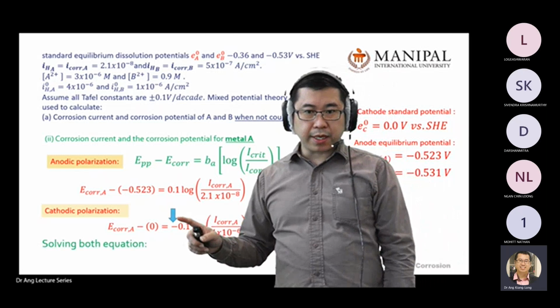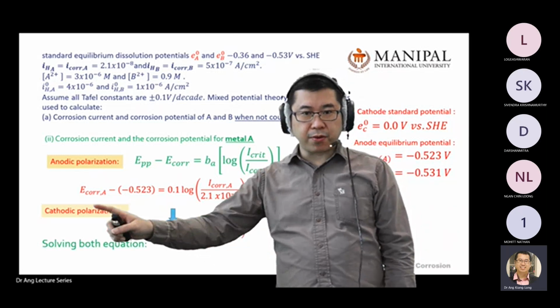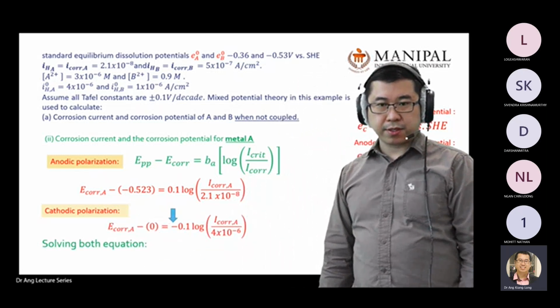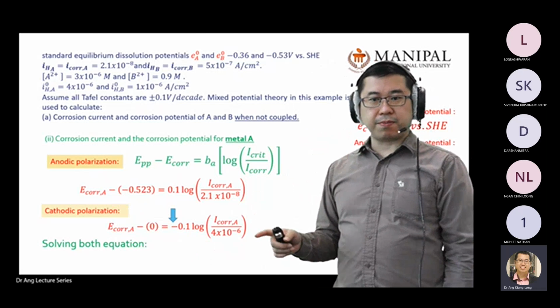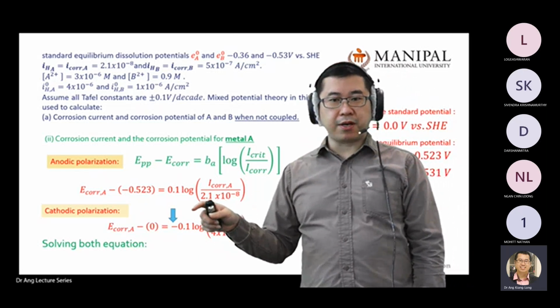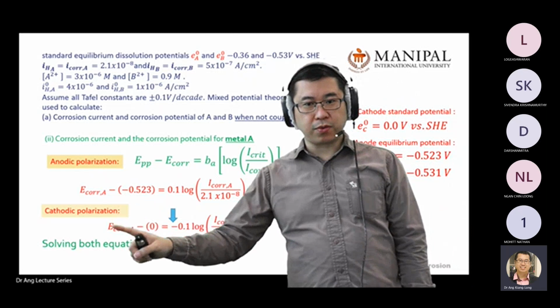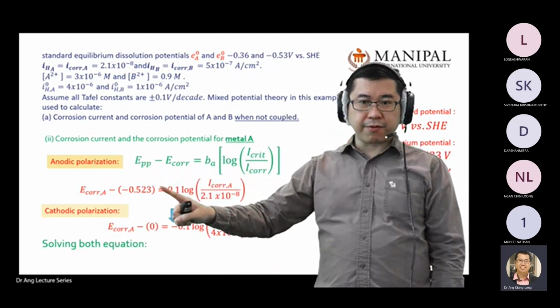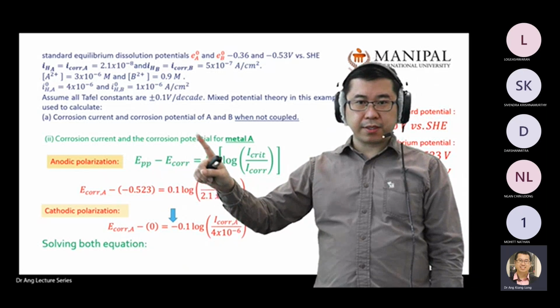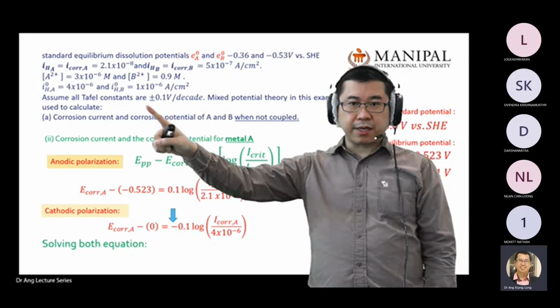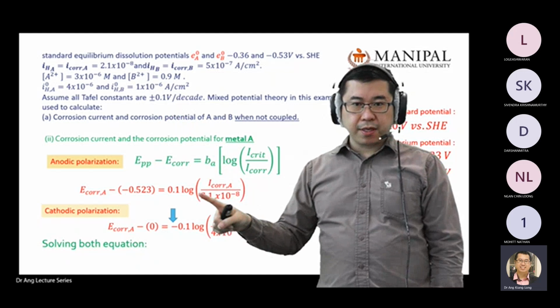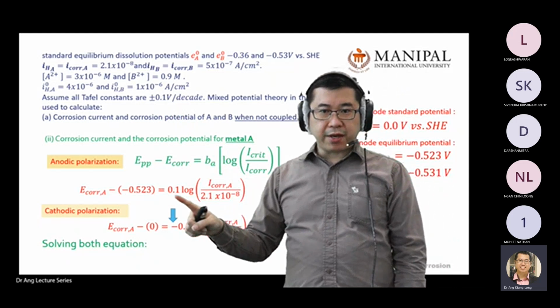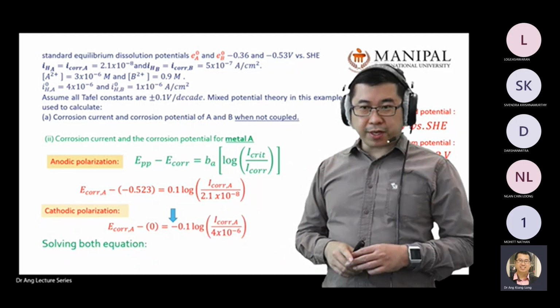Again, there's a negative sign for cathodic polarization. This is part of the special things when you do cathodic. Anodic, you don't have. Anodic, you have a positive value of B. This one, the Tafel constant. You have anodic positive. You still remember when you plot the graph, right?